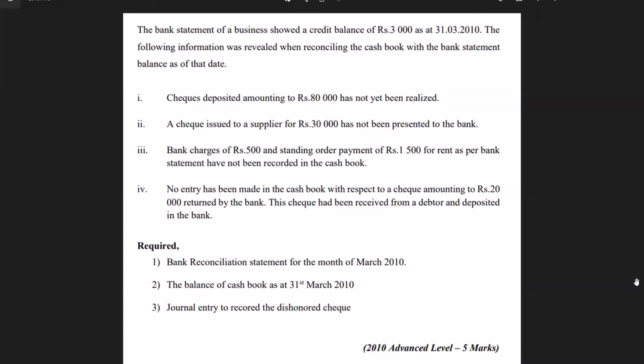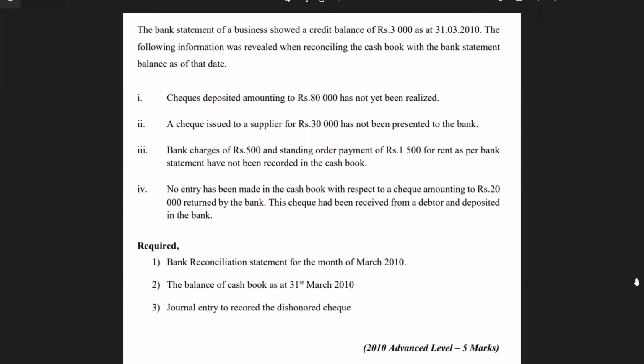Then number four, no entry has been made in the cash book with respect to the check amounting to 20,000 returned by the bank. This check had been received from a debtor and deposited in the bank. This one is actually a dishonored check.